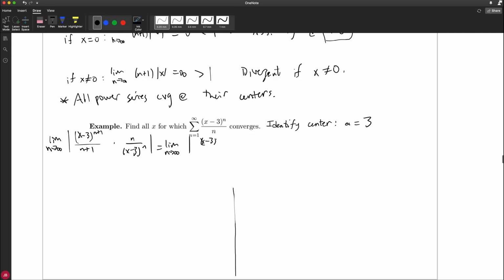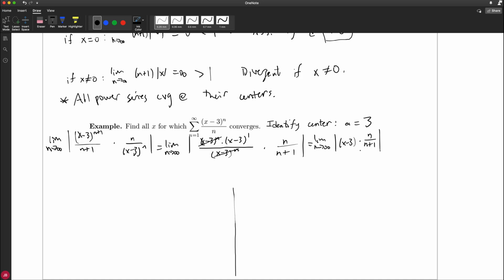So here I get x minus 3 to the n times x minus 3 to the first over the x minus 3 to the n. And then I'm also going to get this n over n plus 1. Well, this is the limit as n goes to infinity. You'll notice the x minus 3 to the n's cancel. That's nice. And so I get x minus 3 times n over n plus 1.